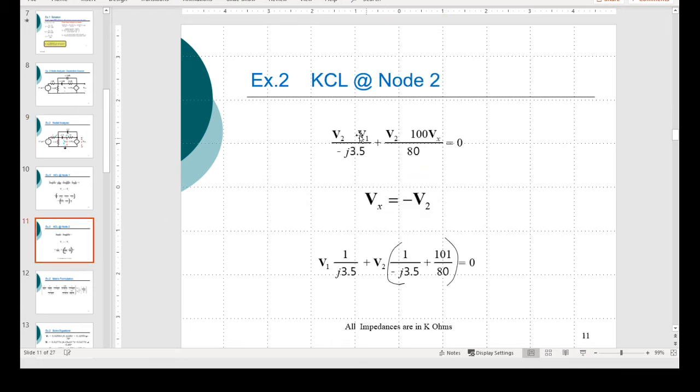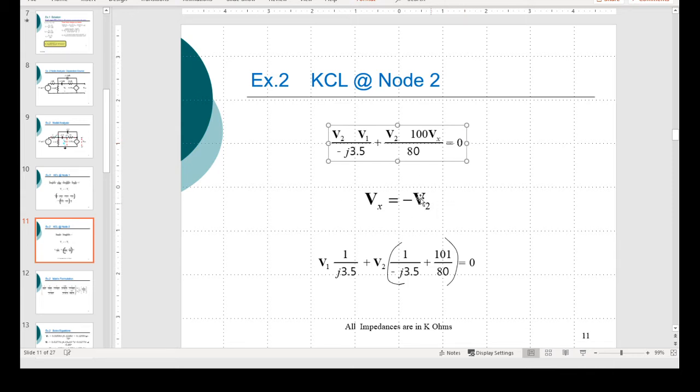Right? This is what we have. V2, my negative is missing here. I don't know what's happening to the equation editor, but it's V2 minus V1, and here it's V2 minus 100 Vx equals that.